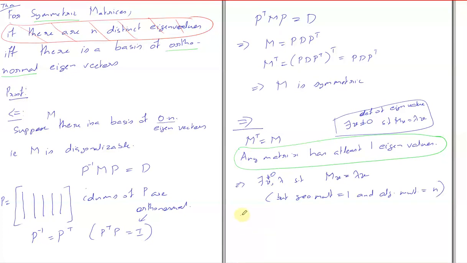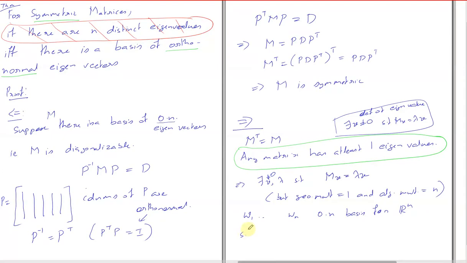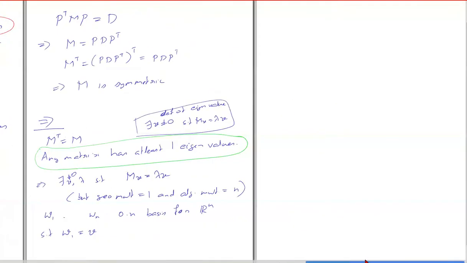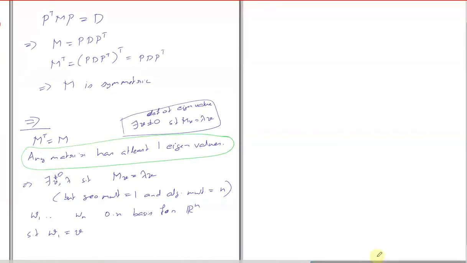Let's say we have an orthonormal basis W1 to Wn for the vector space R raised to n, such that we start making our orthonormal basis with w1 equal to v. Now let's change the basis to the orthonormal basis.